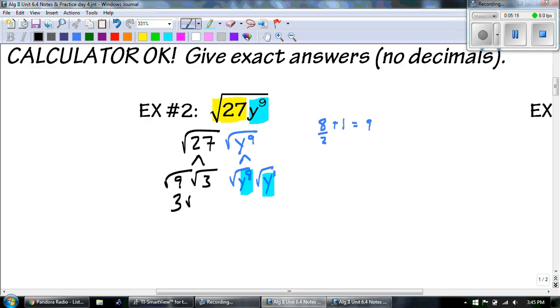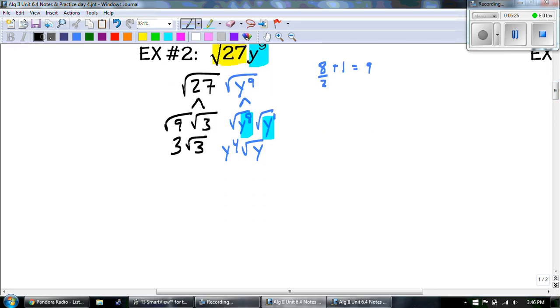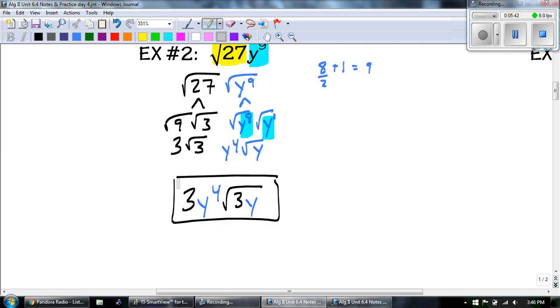We'll just write all this down. Okay, so I have 3 square root 3, and then I have y to the 4th square root y. So as I bring it all together, I have 3y to the 4th, and then underneath the square root, I have a 3 and a y. Okay, so I'm just rearranging all that information.